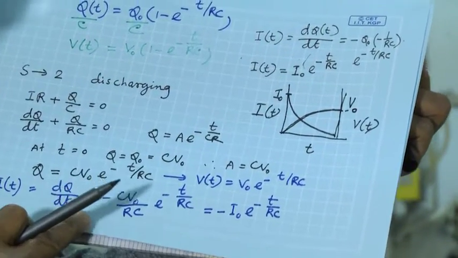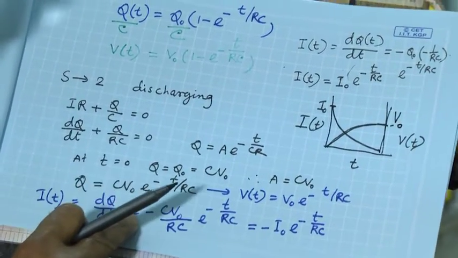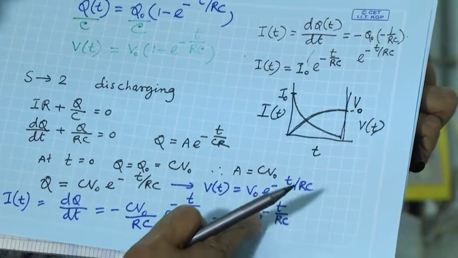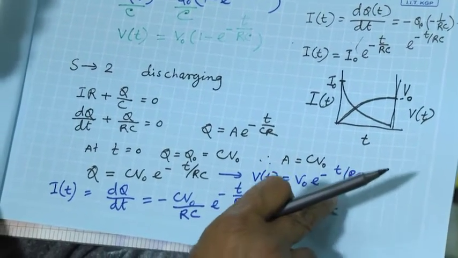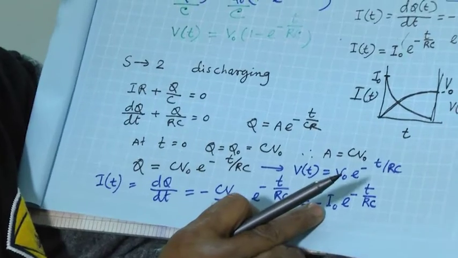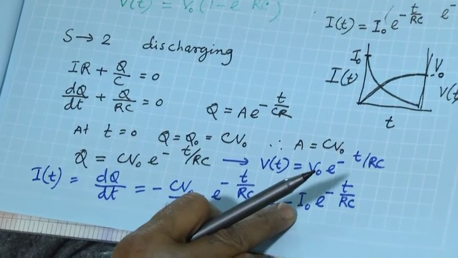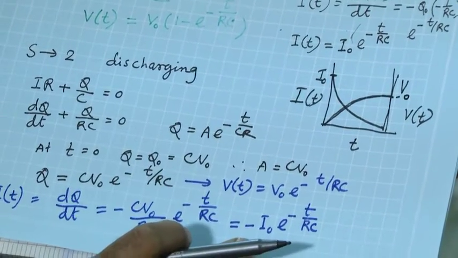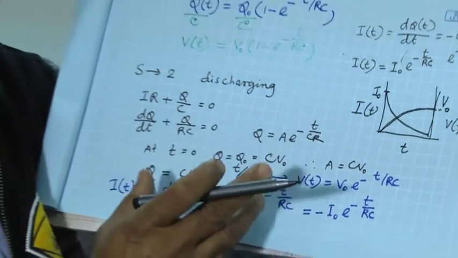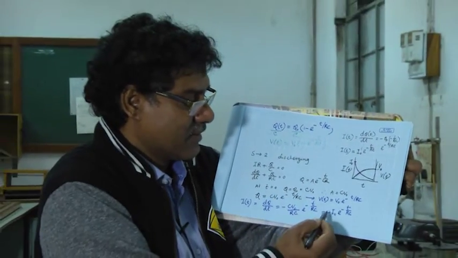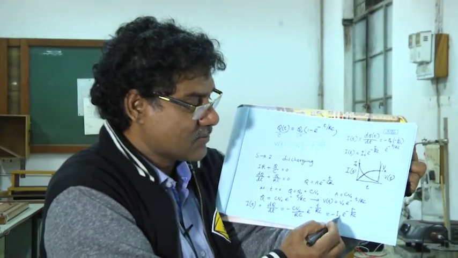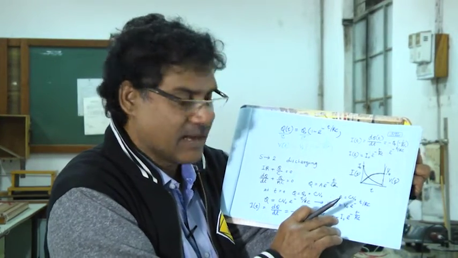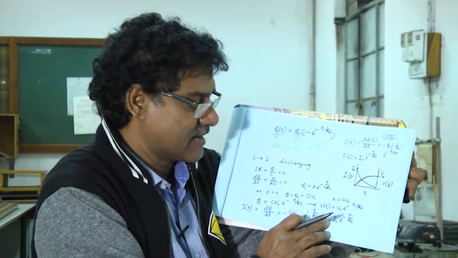On the other hand, the current you can find out as I equal to dq by dt. So this is minus I0 e to the power minus t by RC. So in case of discharging, initially the current is basically I0. Now this current also decays exponentially, but it has a negative sign.